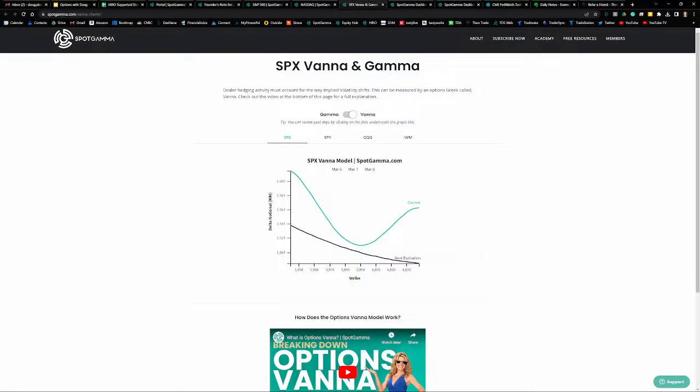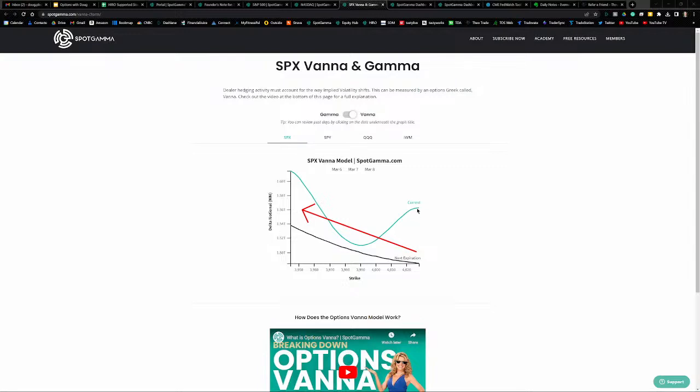This is for SPX, showing that as price decreases, that's on the horizontal axis, their delta notional will increase, that's on the vertical axis. And this indicates that market makers will need to sell futures to hedge their delta exposure as price drops. The market makers want to remain delta neutral.